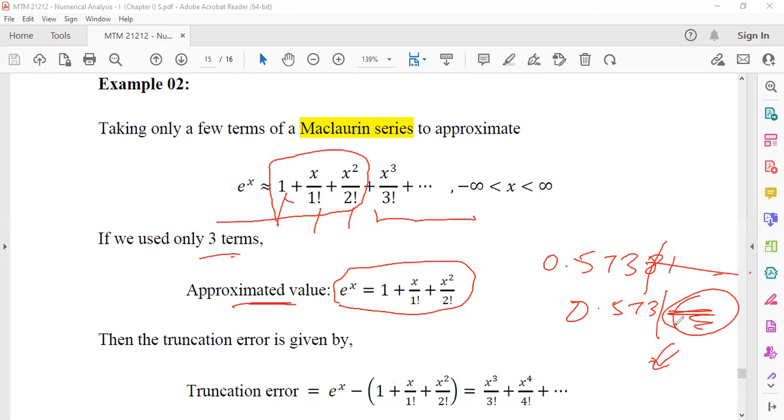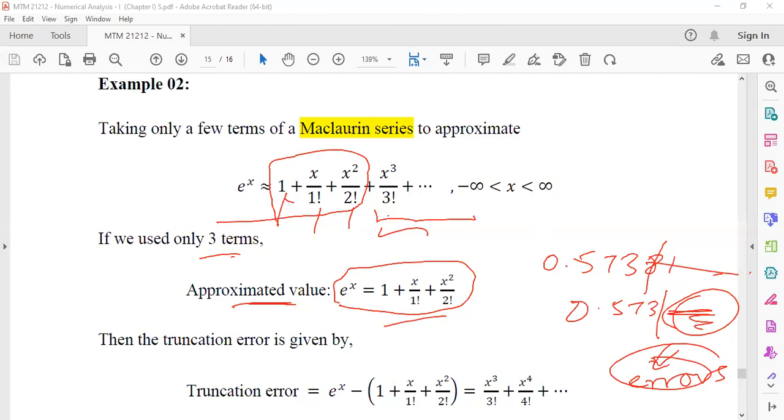That is what we are studying, no? These parts are errors, okay? Error parts. So truncation error. So this x cubed by 3 factorial, x to the 4 by 4 factorial and so on, those are errors. So we're going to see.